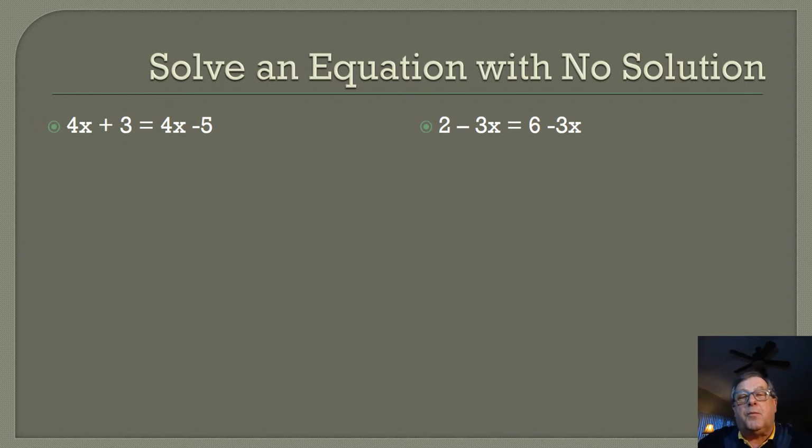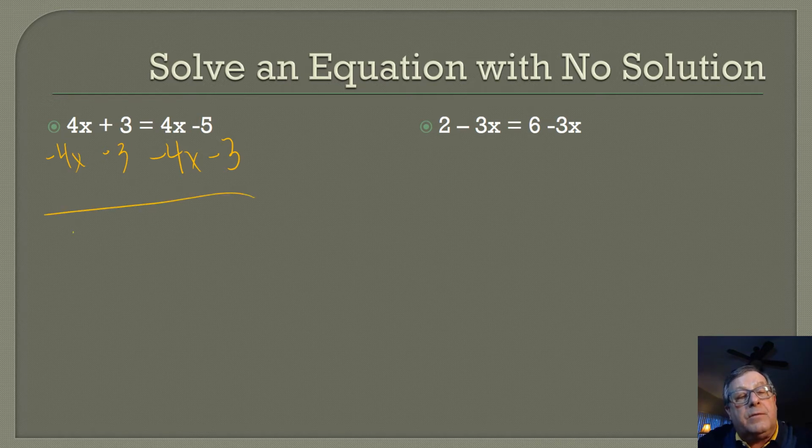So let's just look algebraically at what we have here. So we got 4x plus 3 equals 4x minus 5. So let's see. Well, if we subtracted 4x and subtracted 3 from both sides of this equation, what would happen?